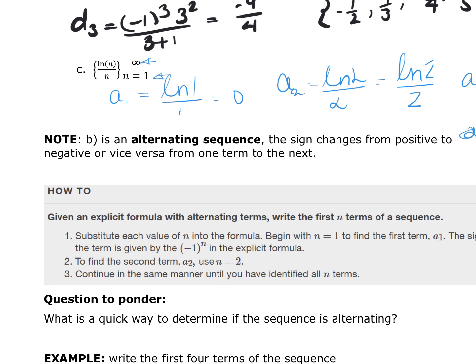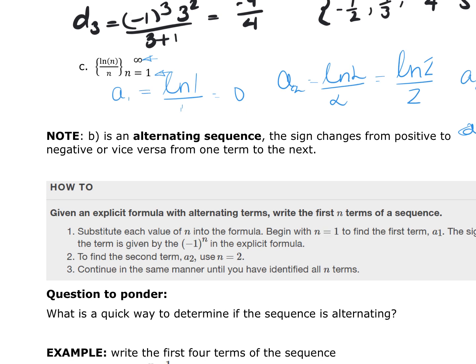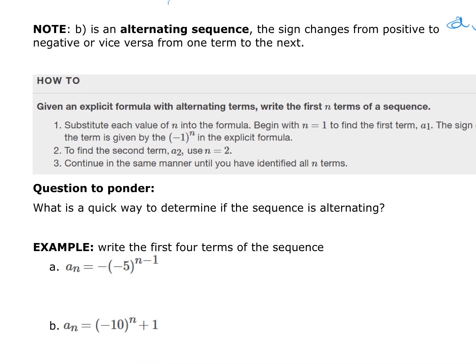We talked a little bit about this. Our example here with b is called an alternating sequence. It changes from positive to negative or negative to positive each term. Each term switches and alternates. So how do we figure out how to write the sequence?